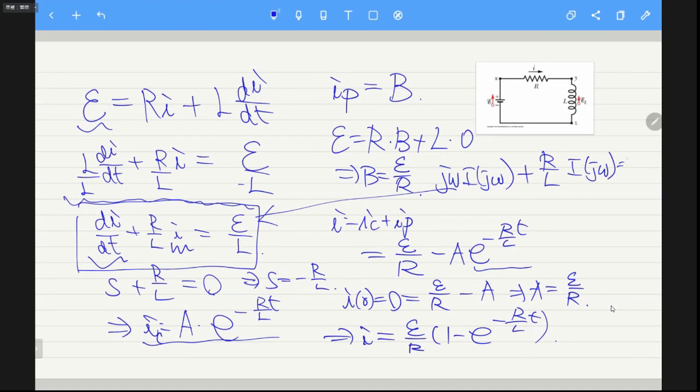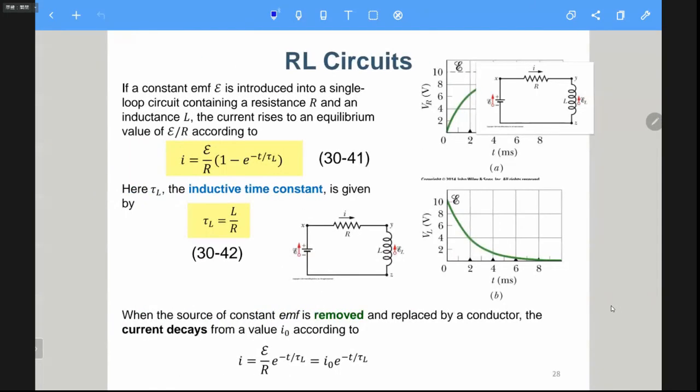The other side will be E over L, which is nothing but a constant. So I(j omega) will be E over L over j omega plus R over L. So this is the first order response. Of course, this is out of scope of this course.